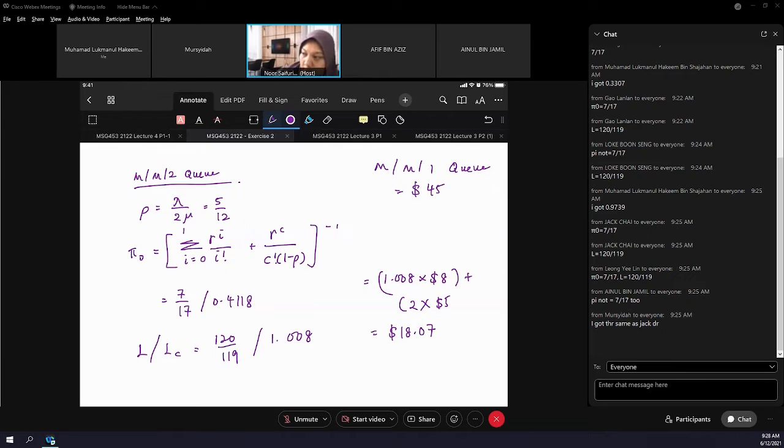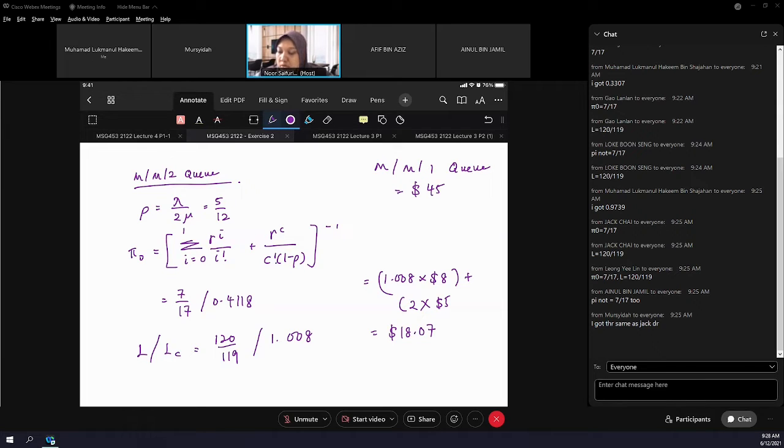So basically you can answer the question, should the plant manager employ a second distributor, based on the cost lost. The cost lost per hour when you have two tool distributors is less than when you have one.